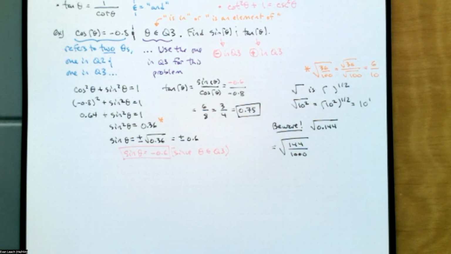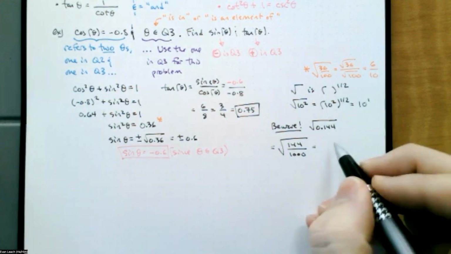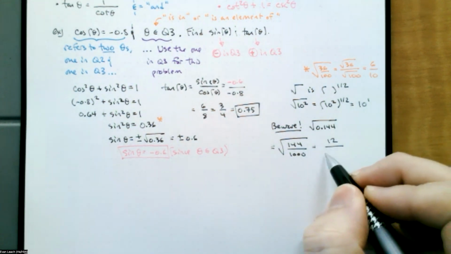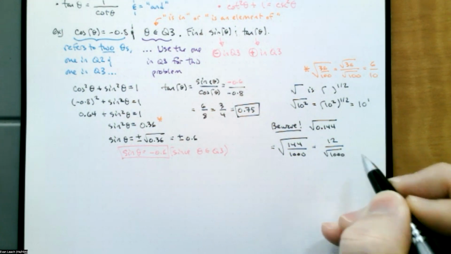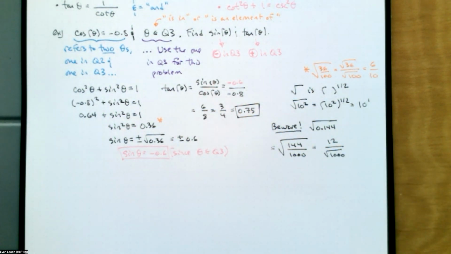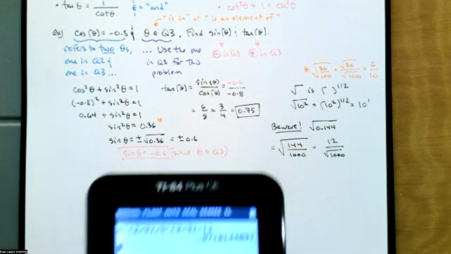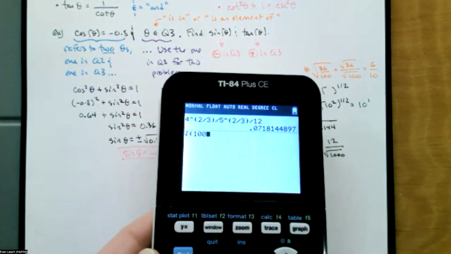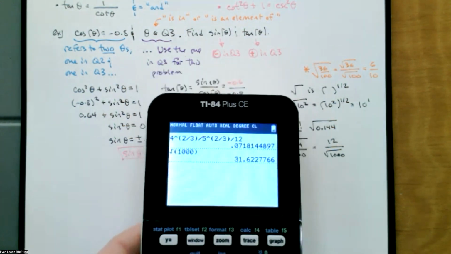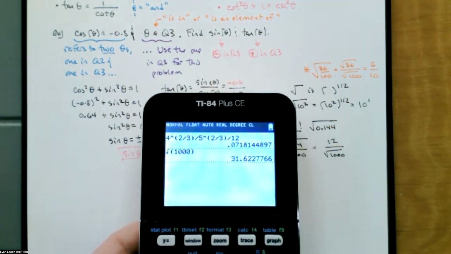And 1,000 is not a square. 144 is a nice square. Thousand is not a square. It's like 31.6.